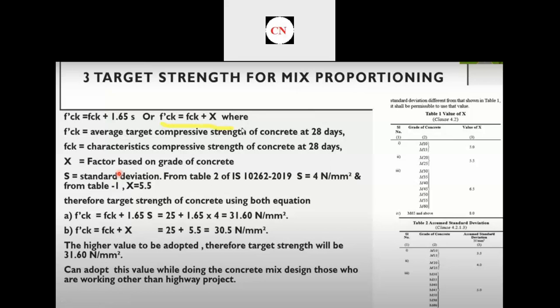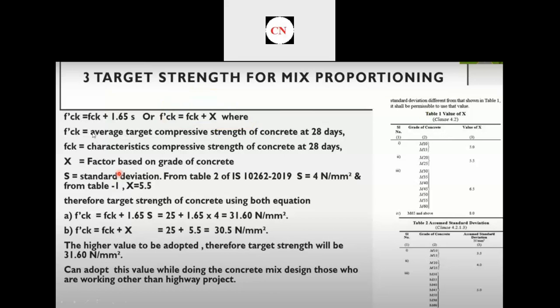Another equation as per the new code is this one, f'ck equal to fck plus X. This X is the value to be chosen from table 1 of IS 456 2019, the updated version of the IS code.